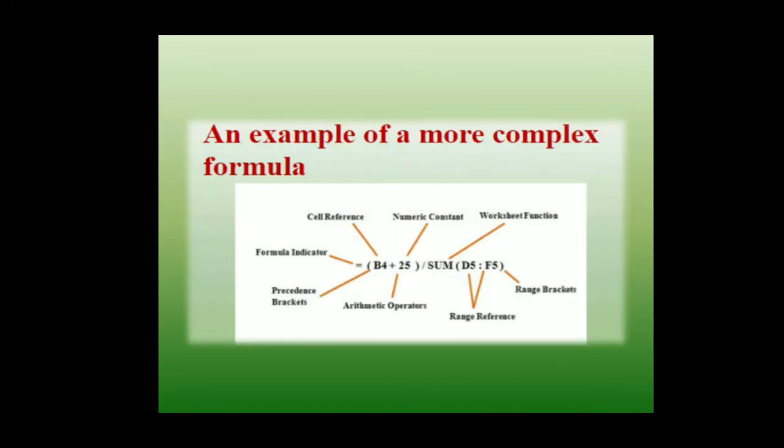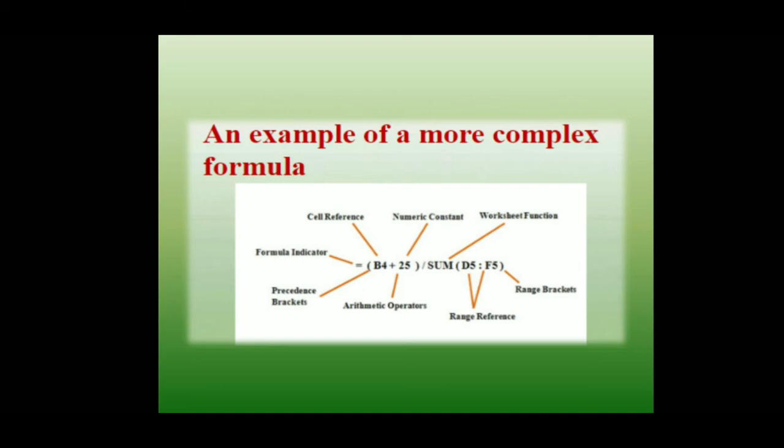This is an example of a complex formula, as I showed you in the very first slide. In this formula we have used B4 plus 25 divided by SUM D5 colon F5. Now let me explain this formula. B4, D5, F5 are all cell references.